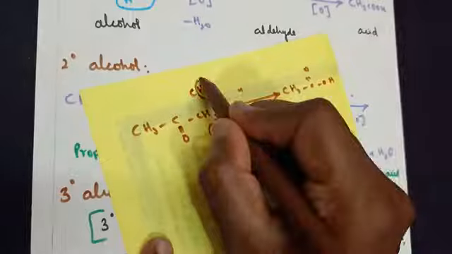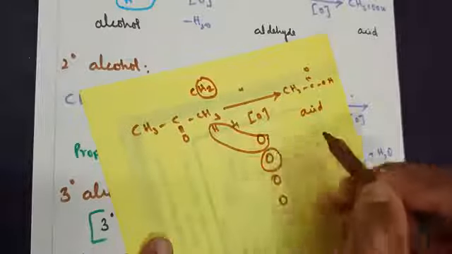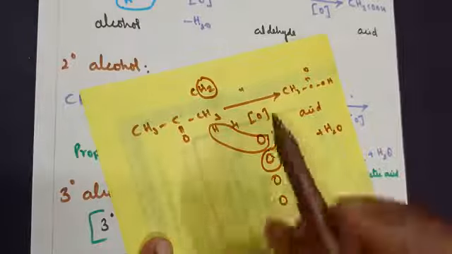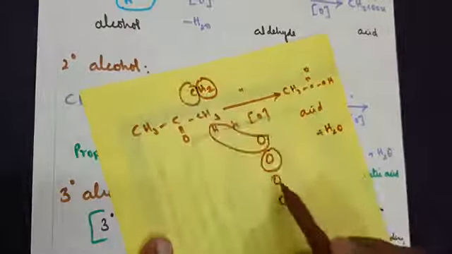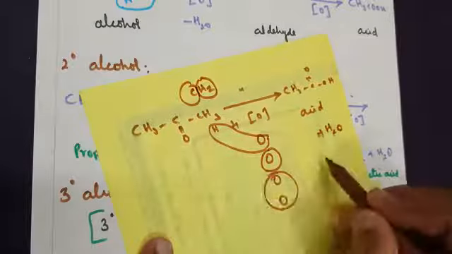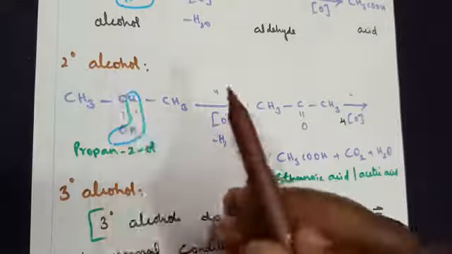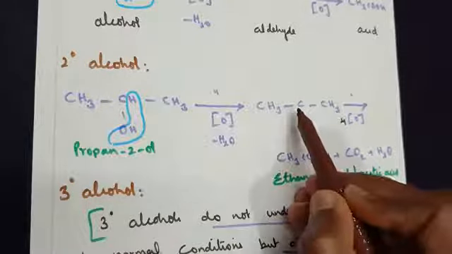So this H2 combines with one oxygen and goes out as a water molecule. Now we are left with 1 carbon and 2 oxygen, so they will combine and go together as carbon dioxide. So if you look at the step, secondary alcohol on oxidation gives you ketone.